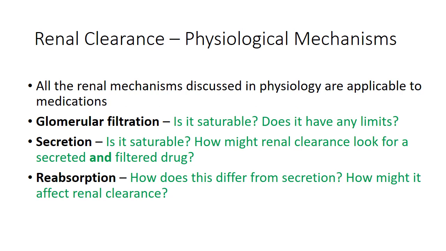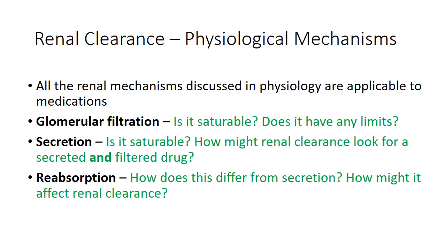So first of all, glomerular filtration. You should remember, and I could certainly test you on this: is glomerular filtration saturable? That means if you reach a high enough drug concentration, will you reach a maximum rate of drug mass filtered per unit time?